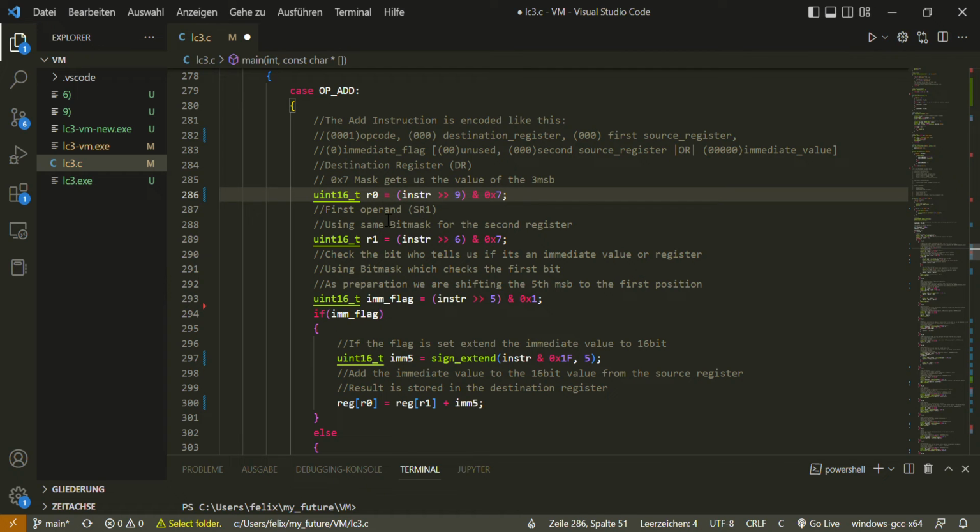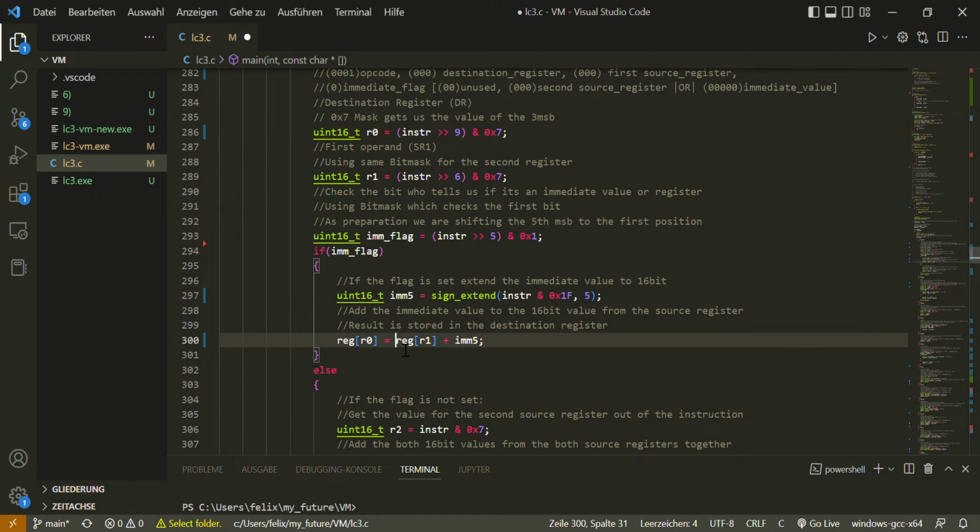We have a destination register as mentioned here. This means we want to store the result of our operation in the destination register. So how do we get this?